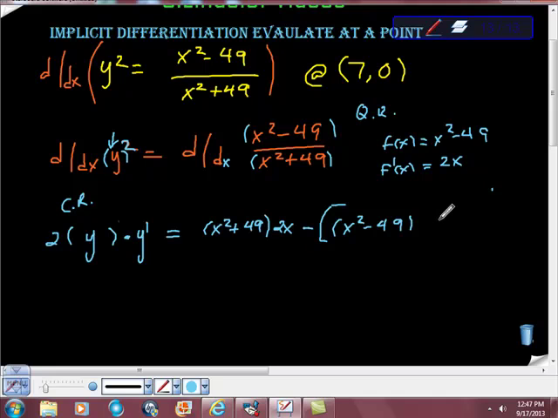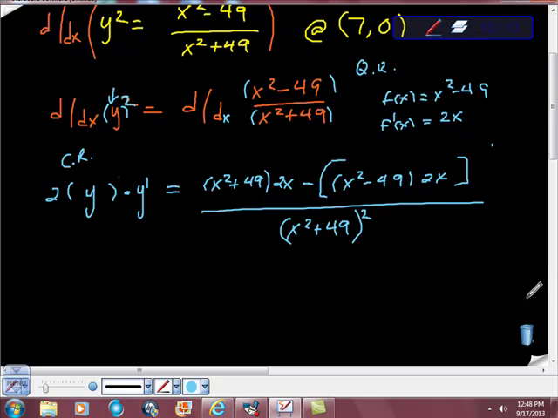Remember, g prime at x was also 2x, right? Over g of x squared. Remember, g of x is x squared plus 49, but if you remember the quotient rule, then we square that g of x value, don't we? So that's what I'm going to get here.